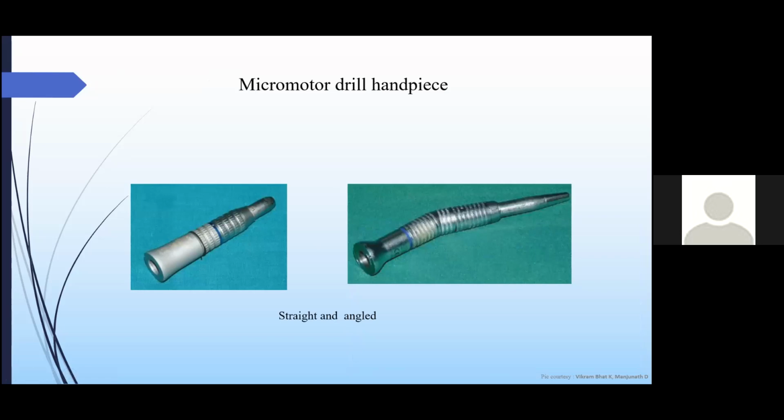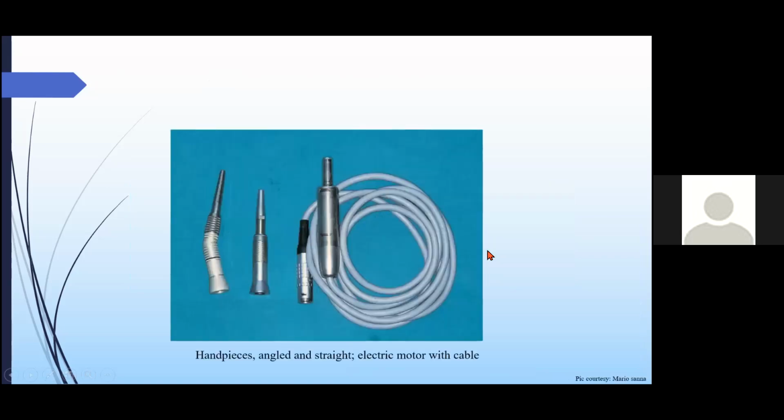This micromotor handpiece can be straight or angled, and we can use it according to the situation. This is the latest electric motor drill, which is used with a straight or angled handpiece. Just an update on these drills.